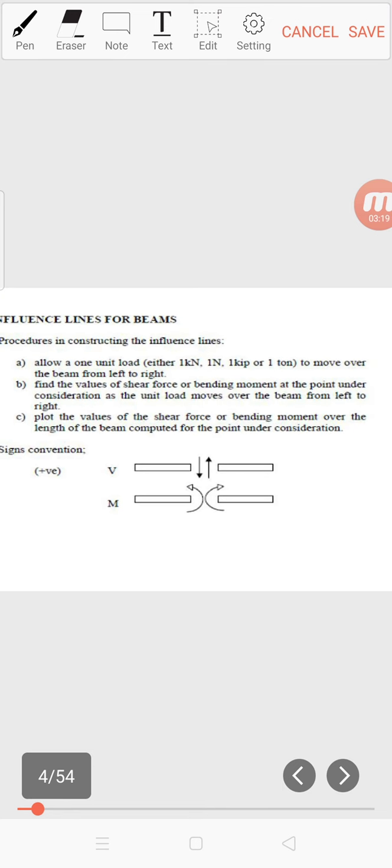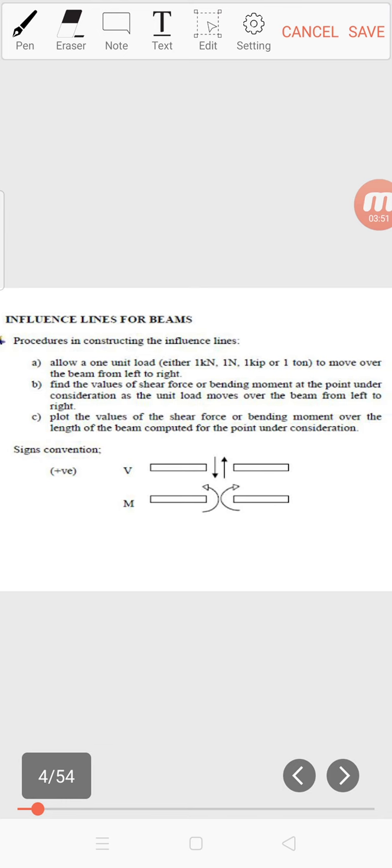And second, we find the value of the shear force or bending moment at the point under consideration as the unit load moves over the beam from left to right. So in order to draw the influence line, we have to assume there is a unit load moving from one point to the other point at the other end.